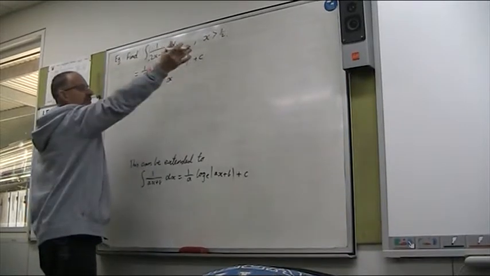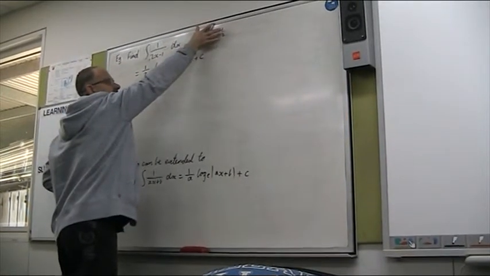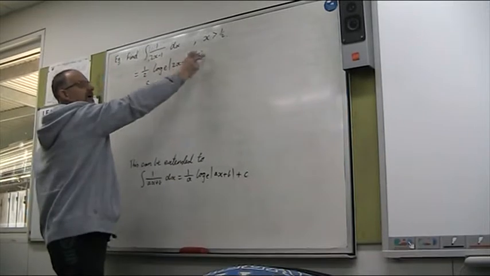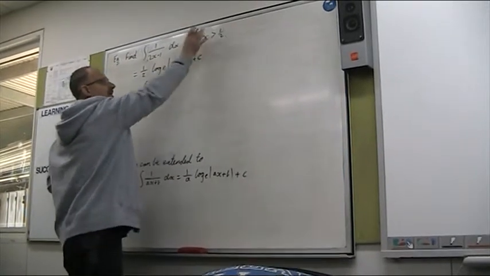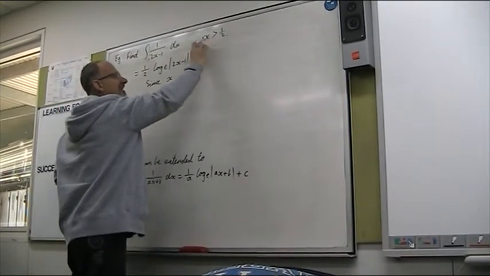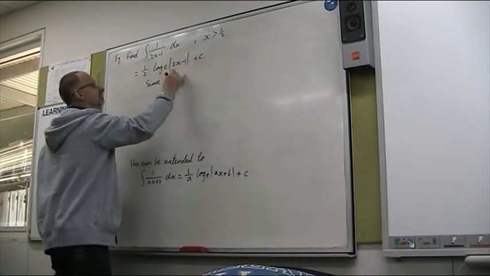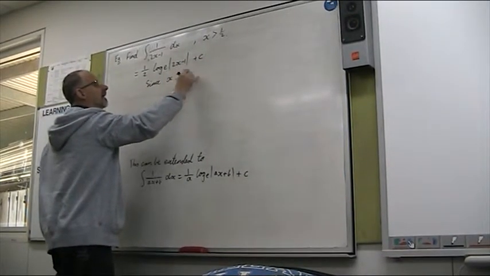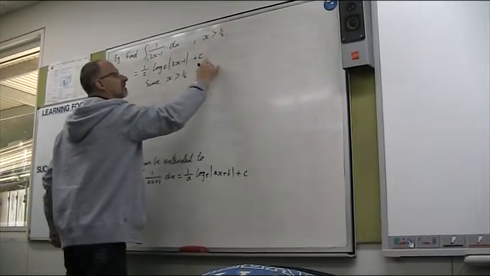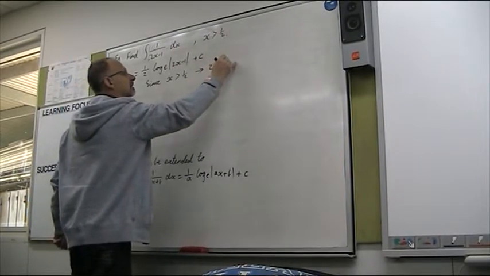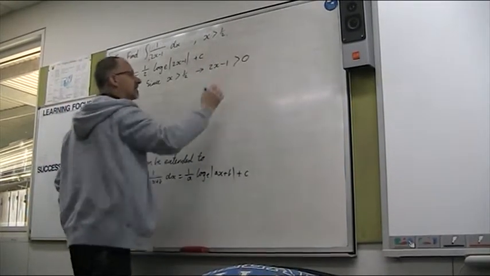Because we're told x is greater than a half, if you weren't given a domain, then you would write like this. Since I've been given a domain, since x is greater than a half, 2x minus 1 will always be greater than 0.